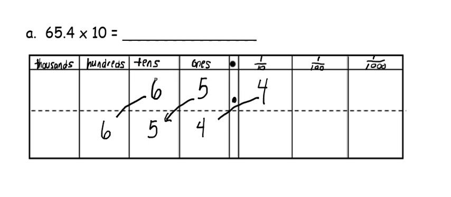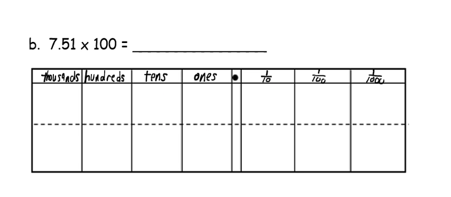So the answer to 65 and 4/10 times 10 is 654. So again, the place value chart shows us that the digits become 10 times as great as we multiply them by 10. So the digits are moving one place to the left.